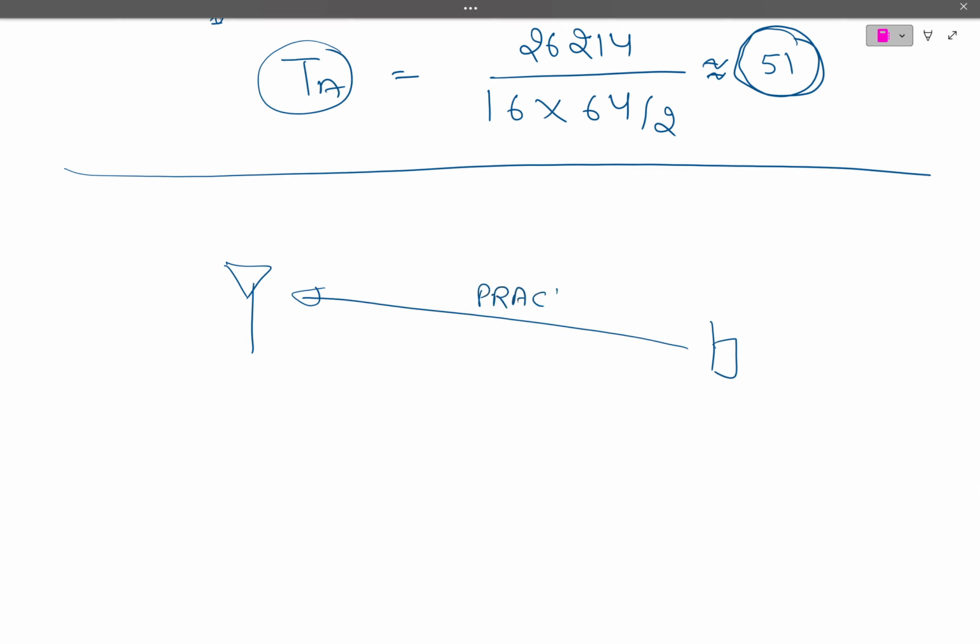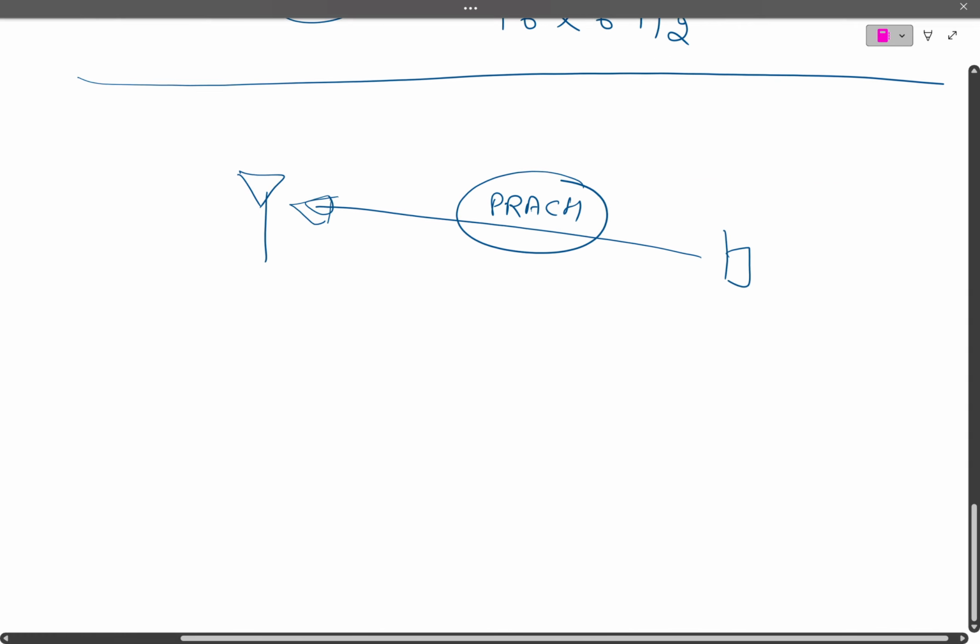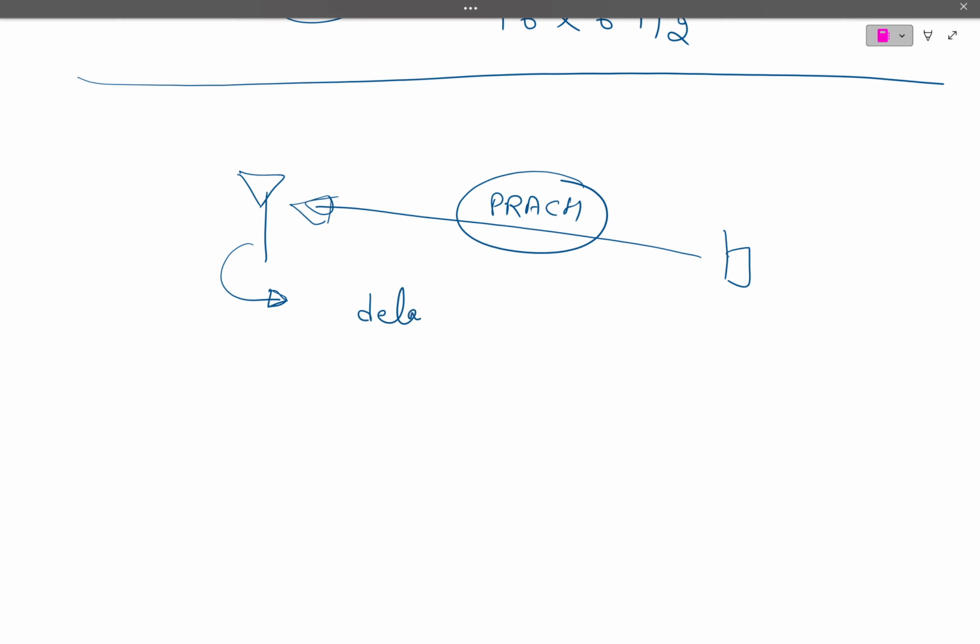Now let's understand this. When UE sends PRACH, okay, PRACH signal is designed in a way that gNodeB can calculate propagation delay, and different PRACH formats are designed to cater to different cell sizes and different deployment scenarios. So gNodeB calculates the delay.